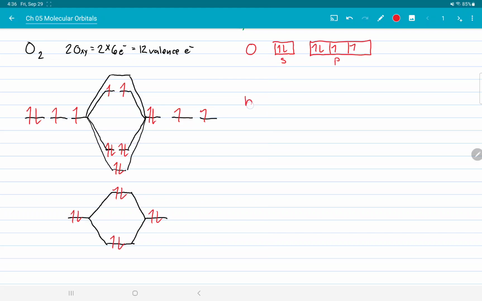So our bond order, again, is the number of bonding electrons minus the number of anti-bonding electrons divided by 2.